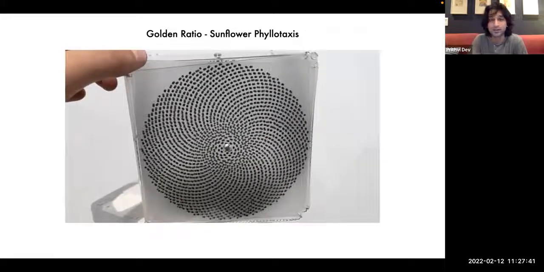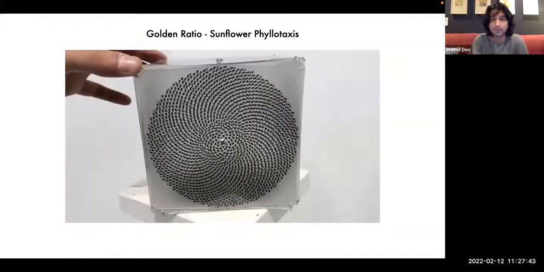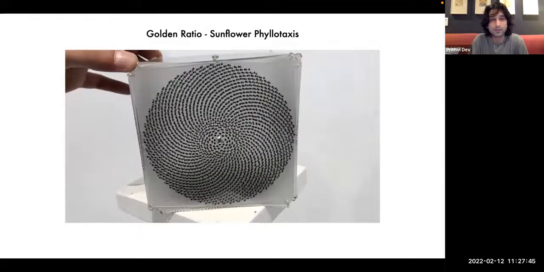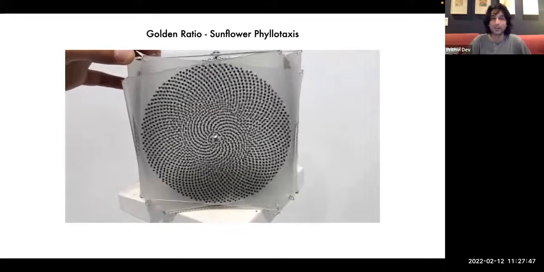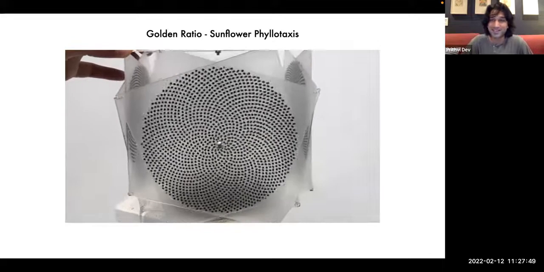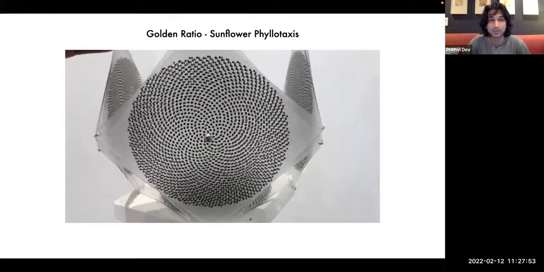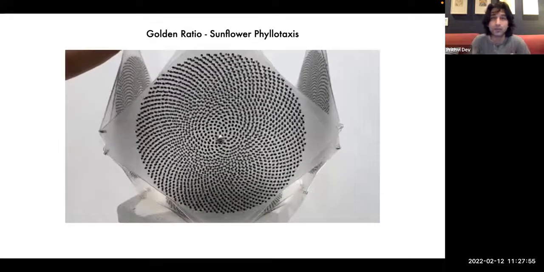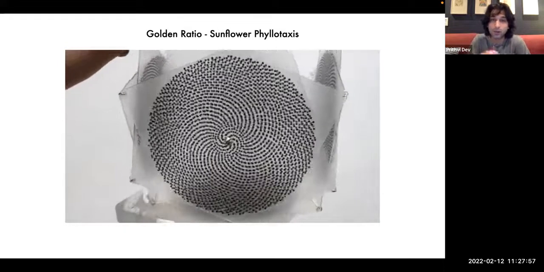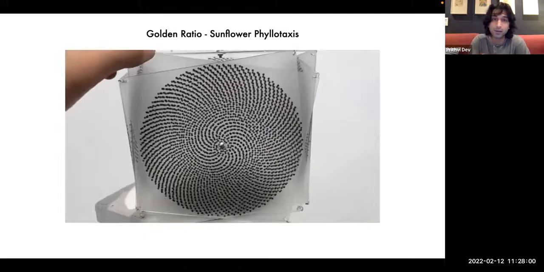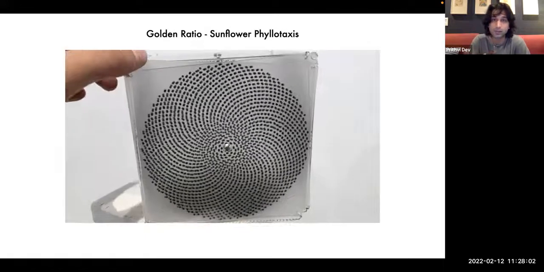So this is a golden ratio Moire trippy pattern, but it also does look like the sun, which is interesting. Everyone knows, but here each dot is about 137 degrees away from the next one, which creates this beautiful golden ratio dot pattern.